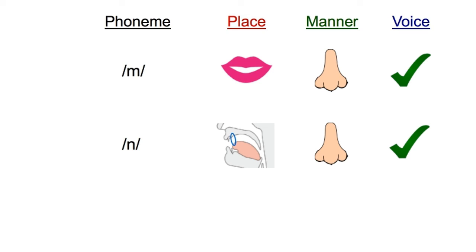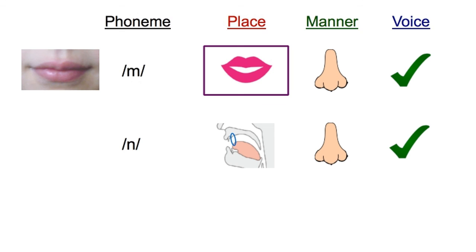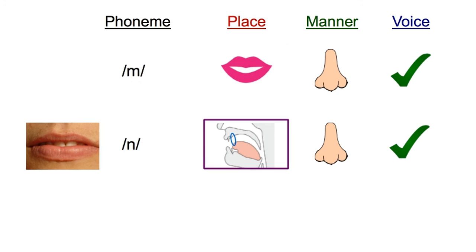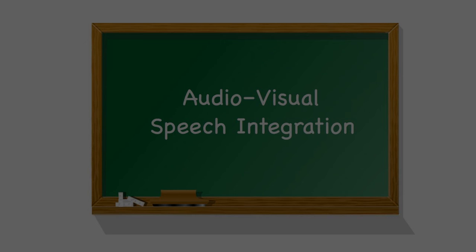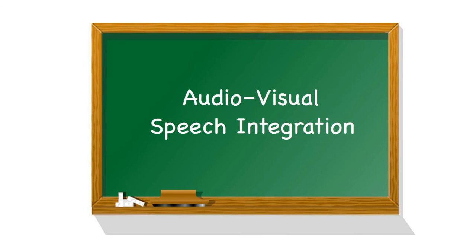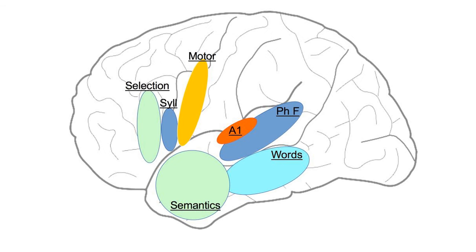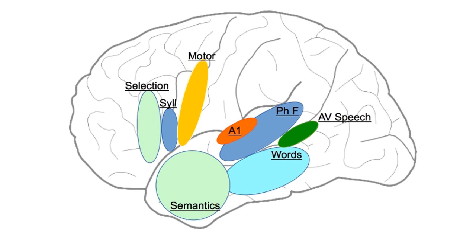However, if you're looking at the speaker, you can see whether the sound was produced with the lips together for b or with the lips open for n. So the visual input provides direct information about the place feature.